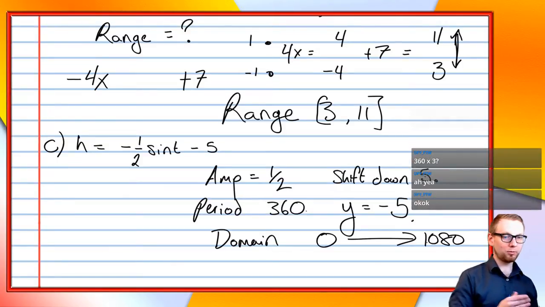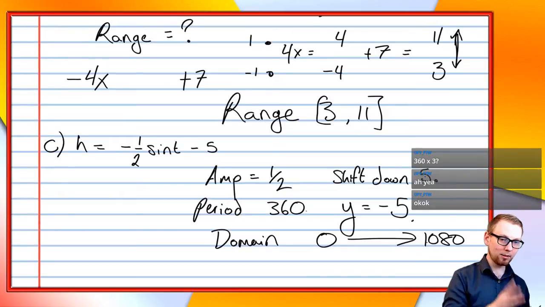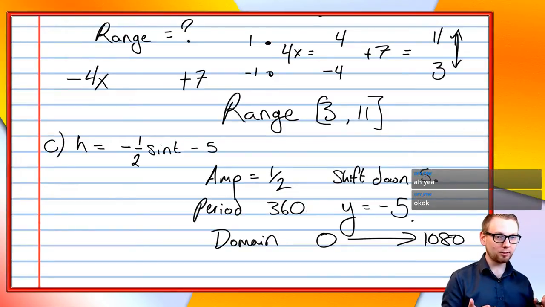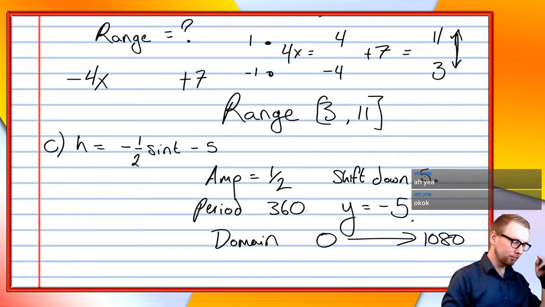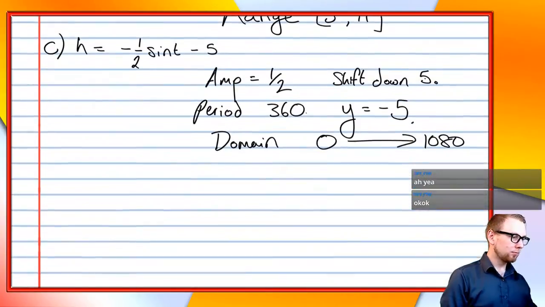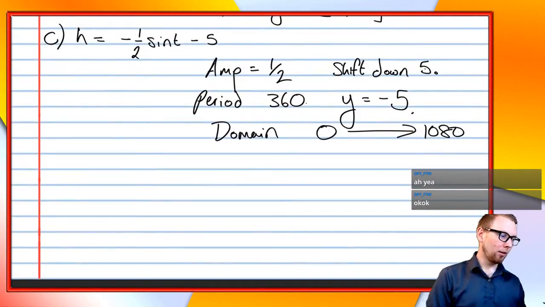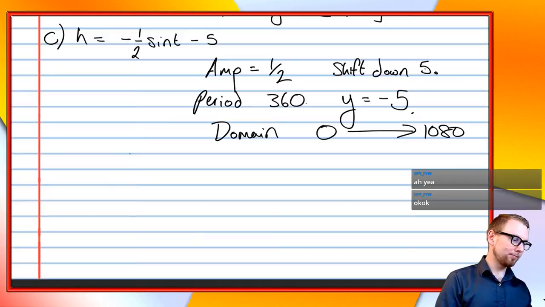Okay, so the question says 3 cycles. You just have to keep that in mind. And then a period is how long it takes to do 1 cycle. So you need 3 of them. Okay, so now the range.